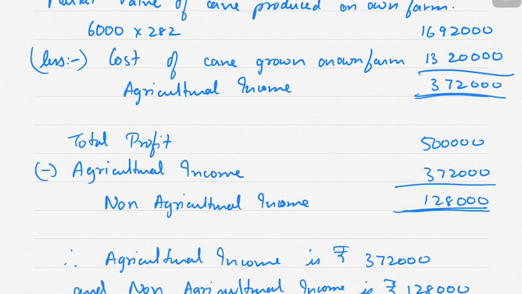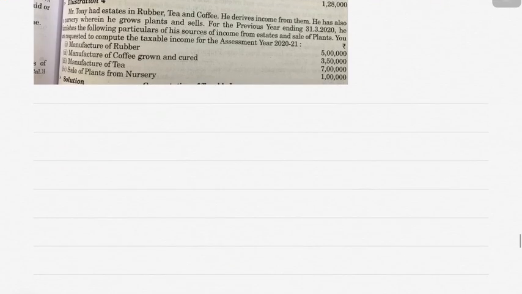Let's see the next problem. Even this problem has been explained in the previous video. Mr. Tony has estates in rubber, tea and coffee. He derives income from them. He also has a nursery wherein he grows plants and sells them.